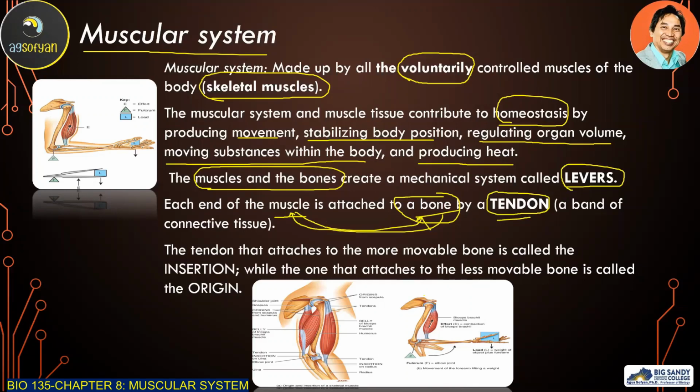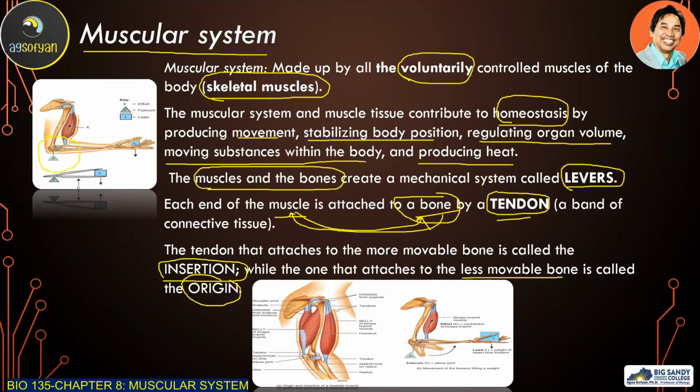The tendon that attaches to the more movable bone is called the insertion. The one that attaches to the less movable bone is called the origin. As an example, we can use the elbow joint.